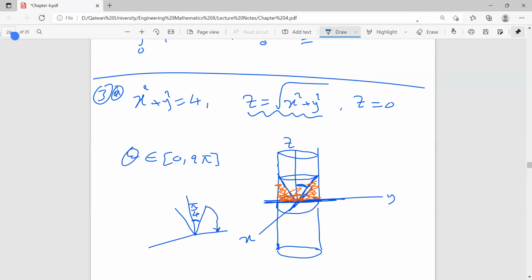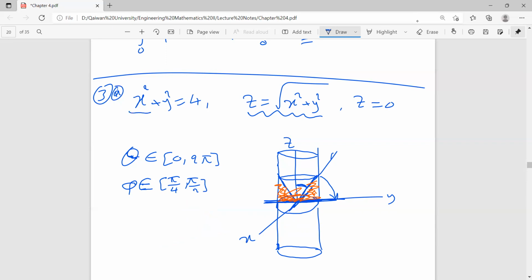That means phi is from pi over 4 to pi over 2. Phi belongs to pi over 4 to pi over 2. This is for phi.